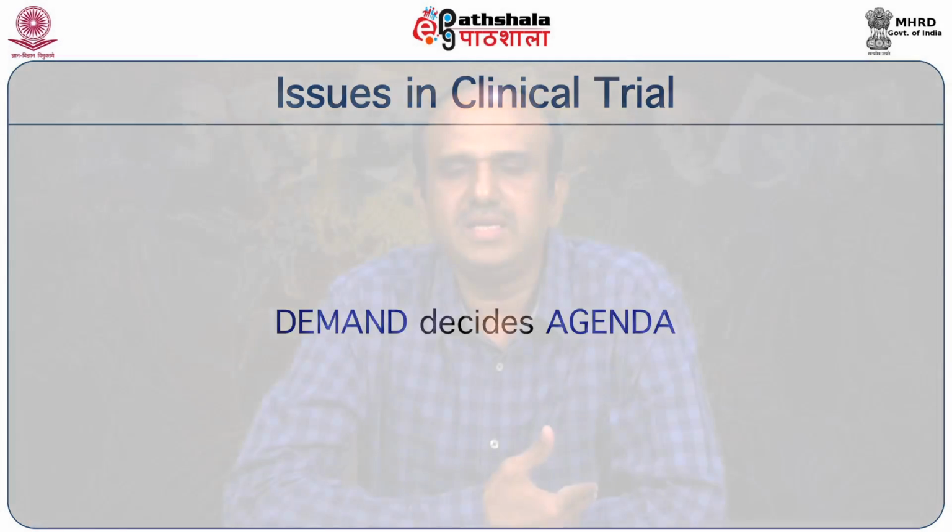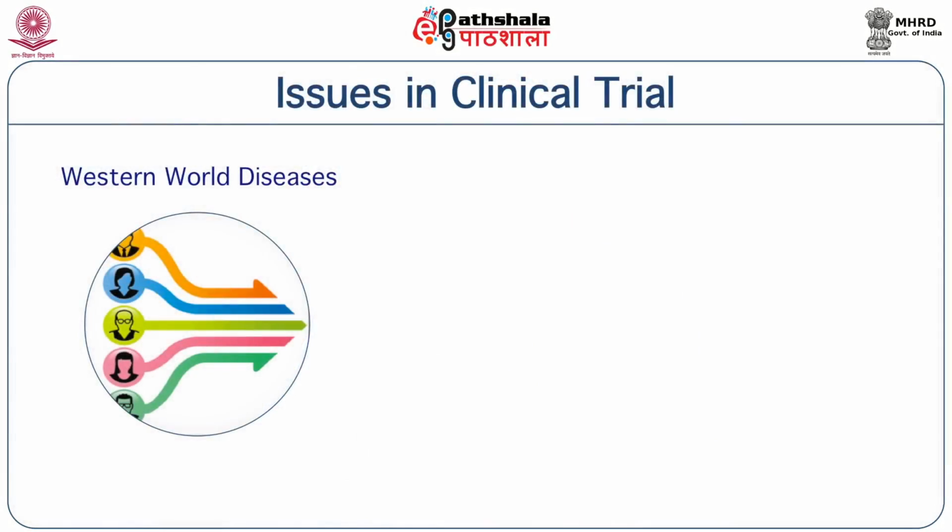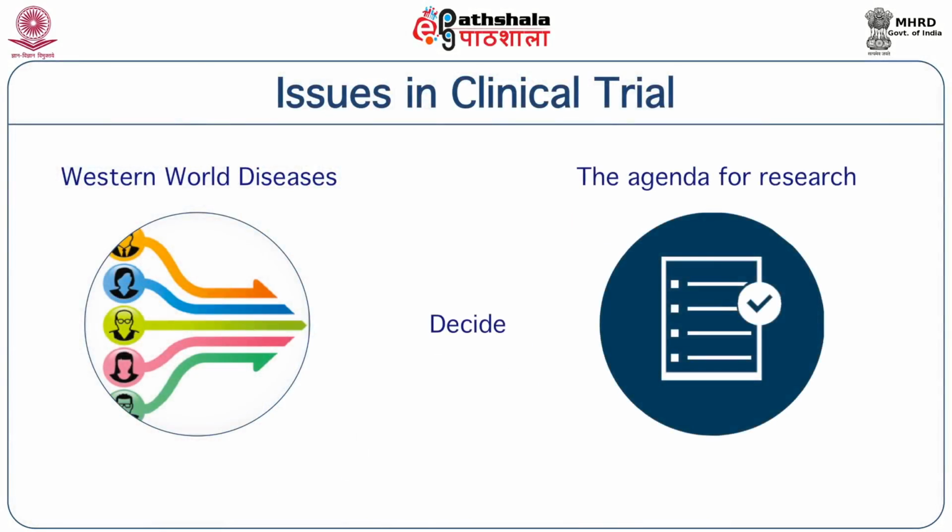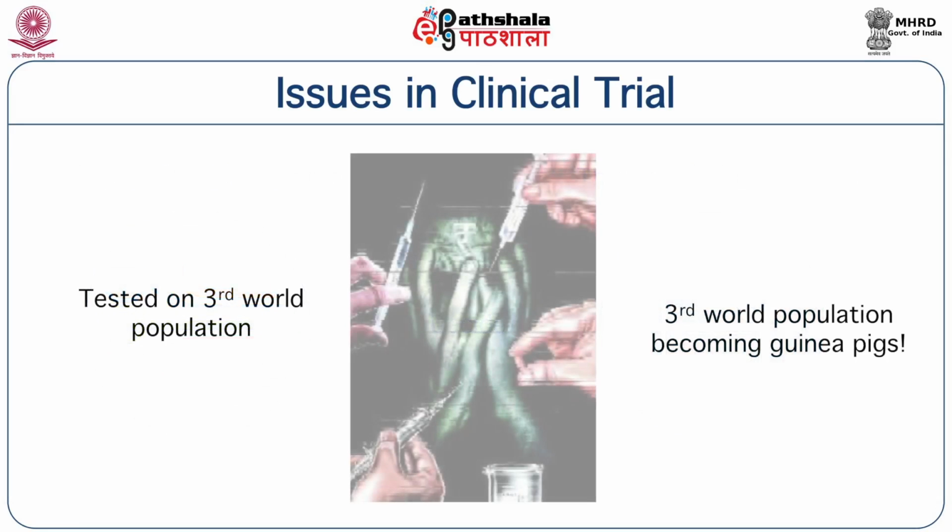One of the major issues raised in clinical trials is that the lifestyle diseases and diseases of the Western world constitute the research agenda, while it is tested on the population in third world countries, and therefore the third world population is becoming more like guinea pigs. A lot of this testing is being done here.